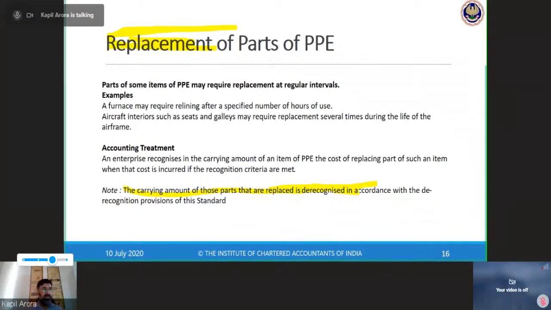So here we talk about some general examples like a furnace, which may be required to be changed after specific hours in any particular industry. Aircraft interiors, let's say every aviation industry changes their carpets, changes their seats after every certain time. So that is nothing but the replacement of parts. Hope this is okay with everybody.